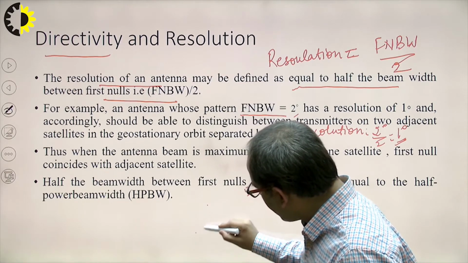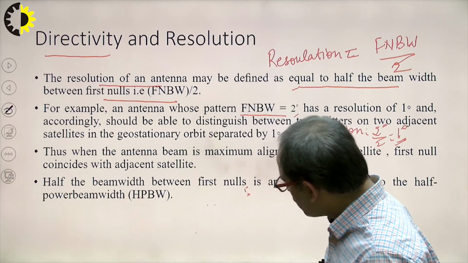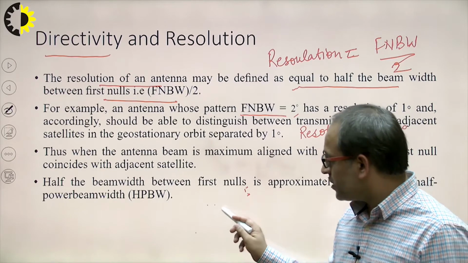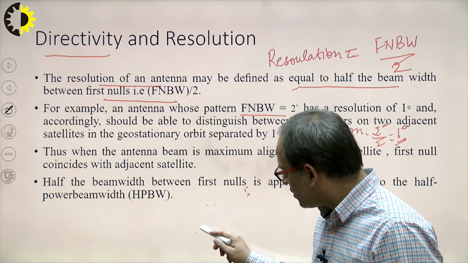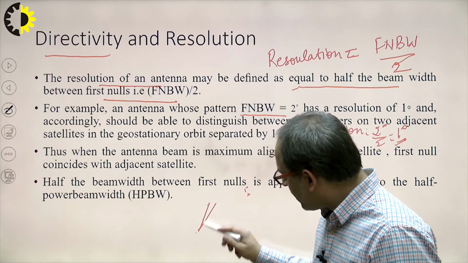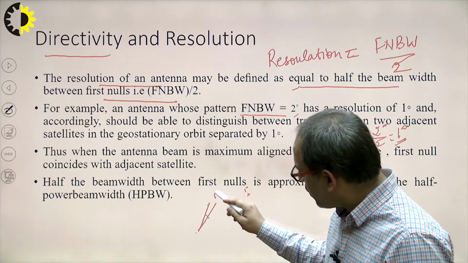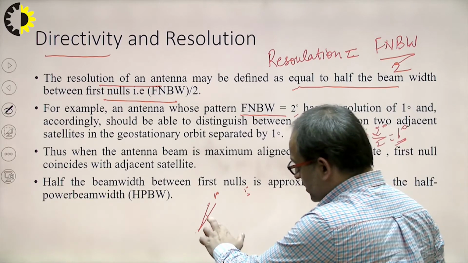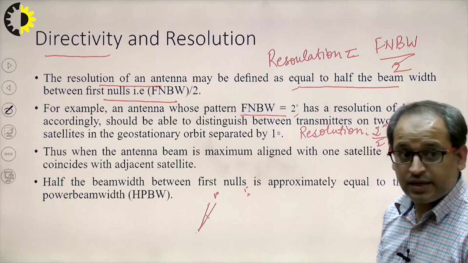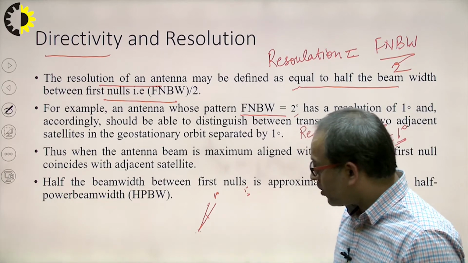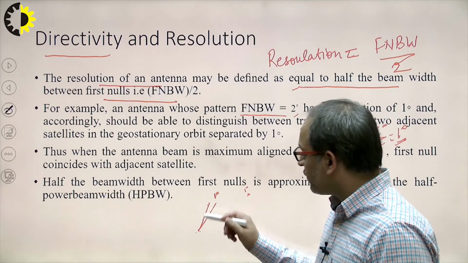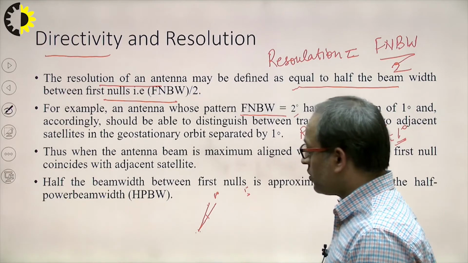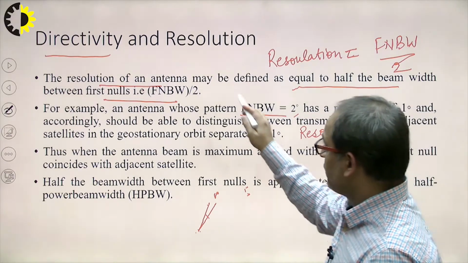This antenna is able to differentiate these two objects when the difference between their angular space is 1 degree. If the angular space is less than 1 degree, then this antenna cannot differentiate the two different objects. It will treat them as one object. So that is the resolution.